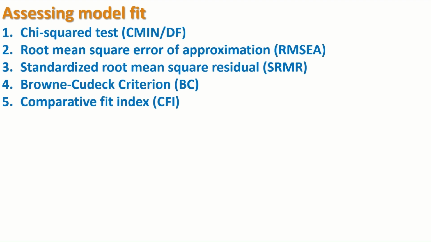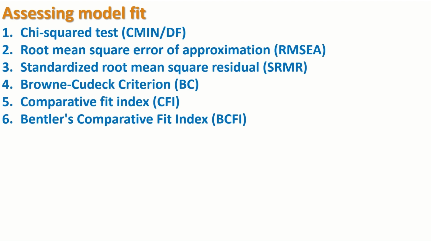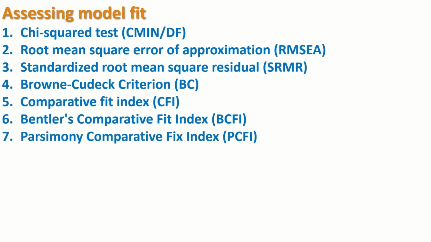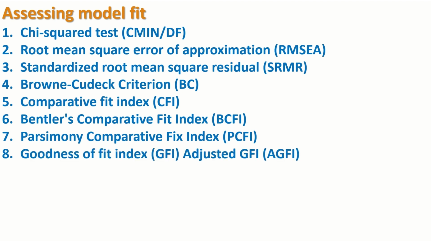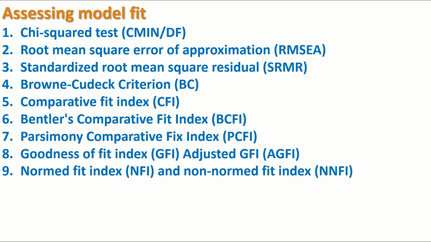The fifth one is comparative fit index, CFI. The sixth one, Parsimony comparative fit index, PCFI. The seventh is parsimony normed fit index, PNFI. The eighth is goodness of fit index, GFI, and adjusted GFI. The ninth is normed fit index, NFI, and non-normed fit index.